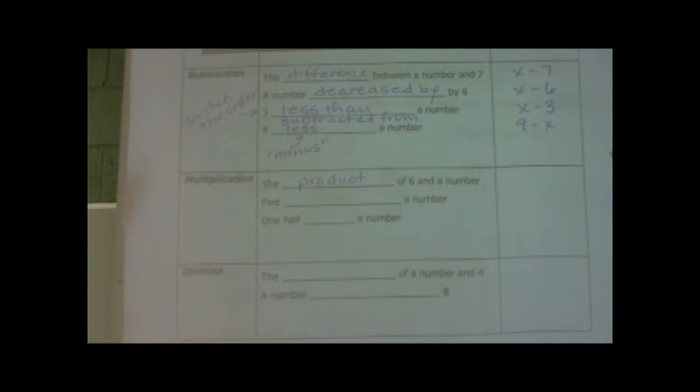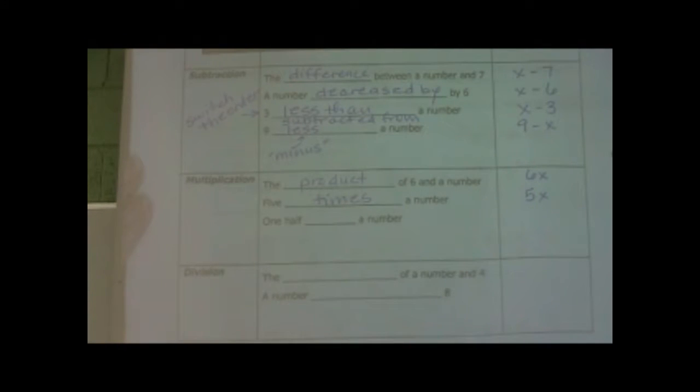All right, so if we move on to multiplication, our first word here is product of 6 and a number. Now remember, the order in multiplication doesn't matter, just like in addition, because we have the commutative property. So instead of writing this as 6 times x, we can write this just as 6x.